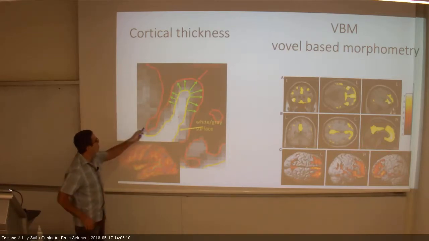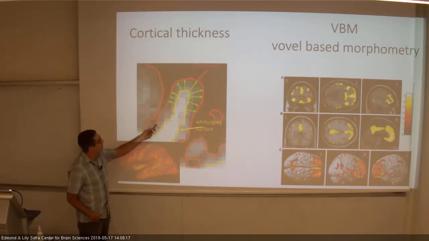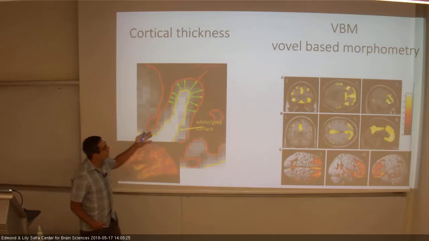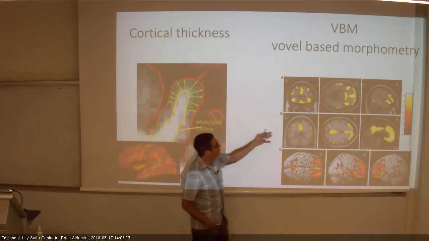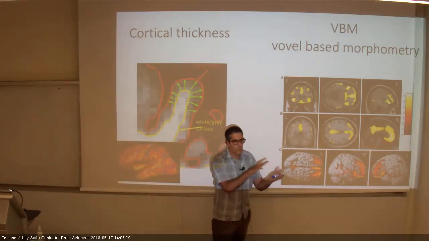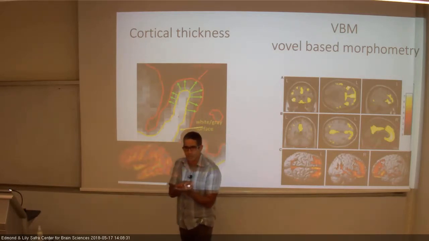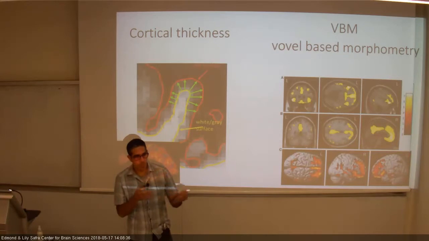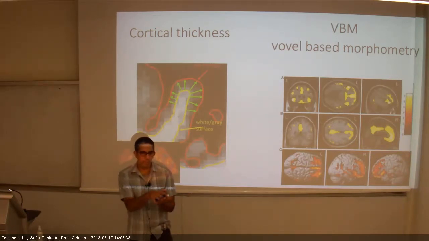Okay, so we were mentioning cortical thickness last time, as a way to identify the cortex and its thickness, and that was a parametric map that we could measure across subjects. And we mentioned voxel-based morphometry, which was a way to register all the brains to each other and map the amount of change that is needed to take one brain to some canonical brain.